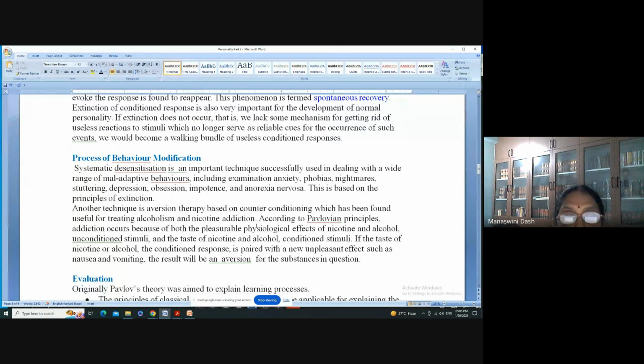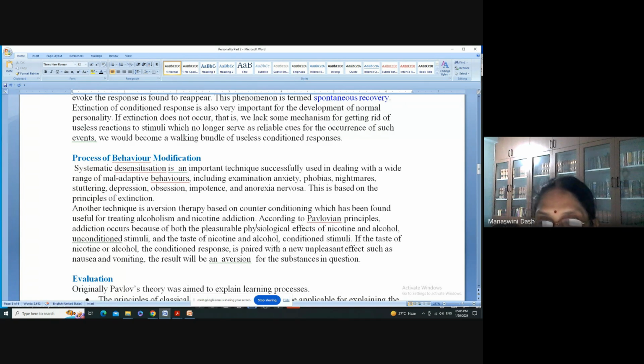If the taste of alcohol is paired with an unpleasant effect, such as nausea or vomiting, the result will be an aversion for the substance, that is alcohol.